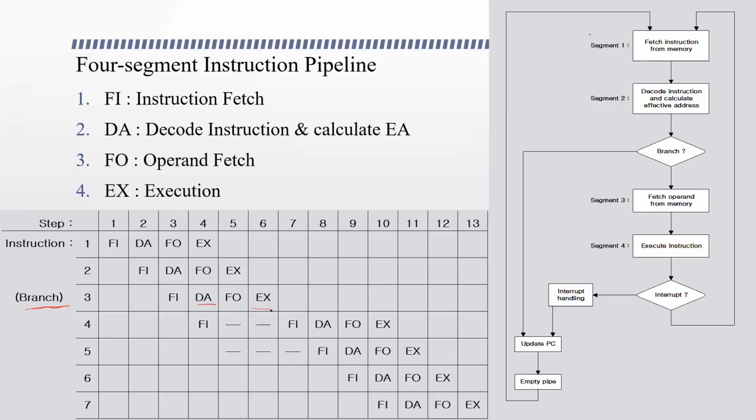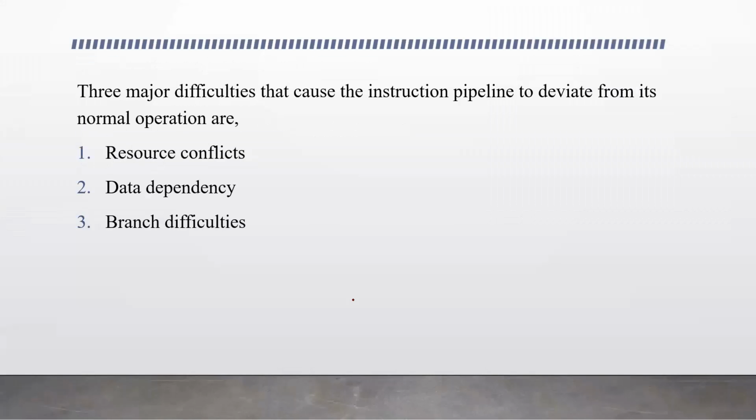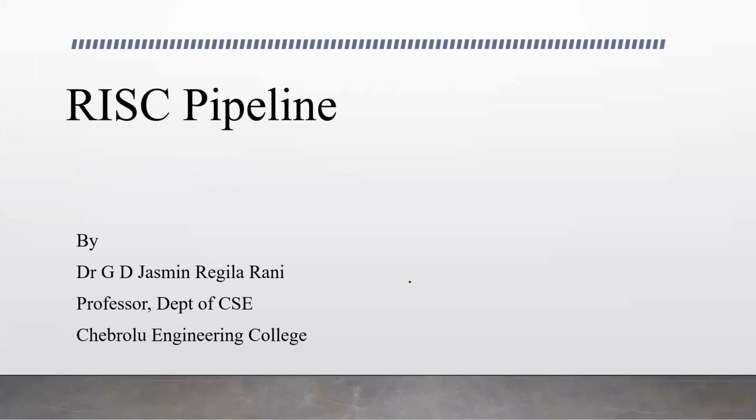The branch address is identified during execution, and that is loaded and executed. So here the pipeline is left empty, no operation is being carried out. There is a branch delay because of this branch instruction. Otherwise, the instructions would be executed sequentially, one after the other. This branch instruction made a delay in the pipeline. So that is the branch difficulty.